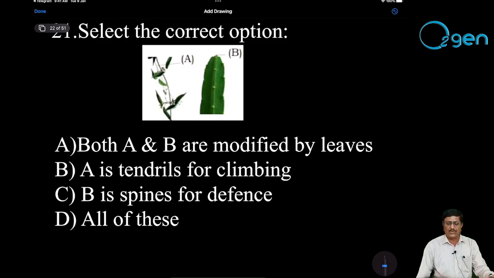In the figure, A shows the leaf tip modified into a tendril for climbing, and in figure B, the leaves are modified into spines for defense. Hence, option D is correct.